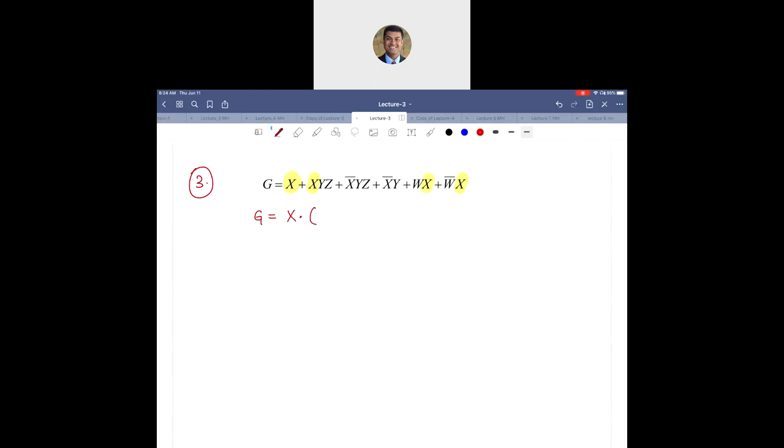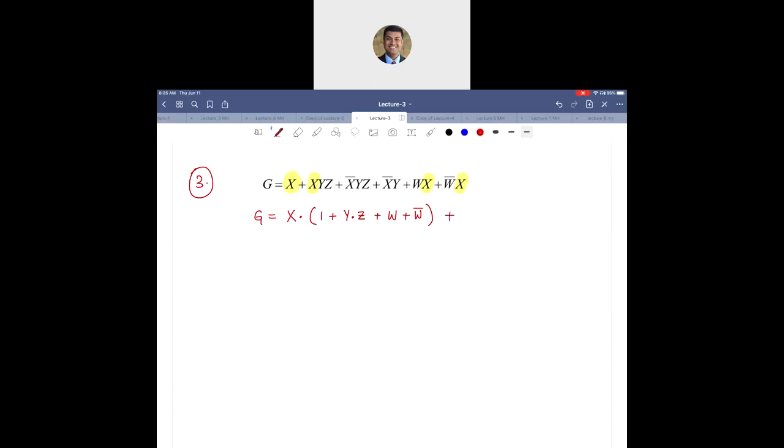The first term is going to give me a 1, second term is going to give me a y and z, next one is going to give me a w, and then the next term is going to give me a w complement. I'm doing that on purpose because I realize that there is going to be a 1 which is going to make the entire term a 1, which means that is simply going to be an x. So from those four product terms, I get just one literal x.